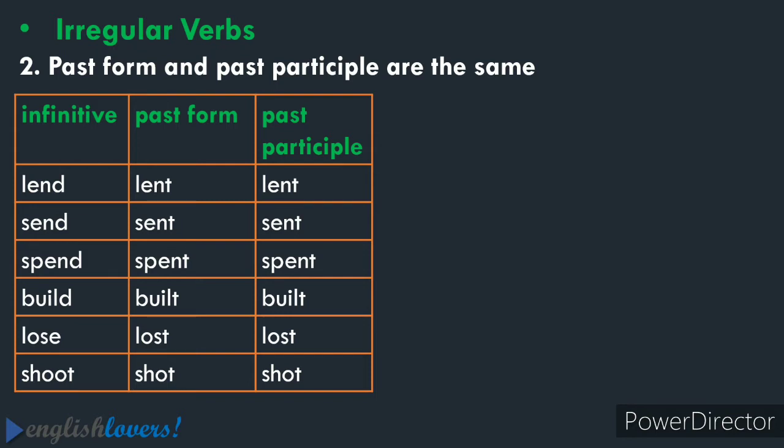Send, sent, sent, this is a common word. Spend, spent, spent. Spend is used with money, spend money, or spend time, spend your time wisely. Build, built, built. Lose, lost, lost. Next is shoot, shot, shot.